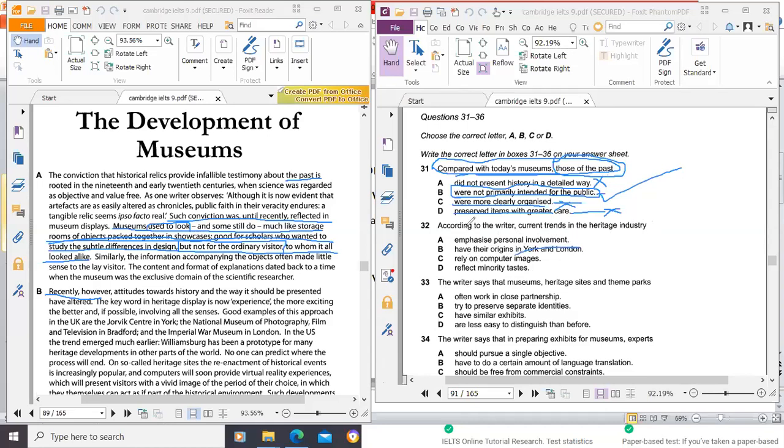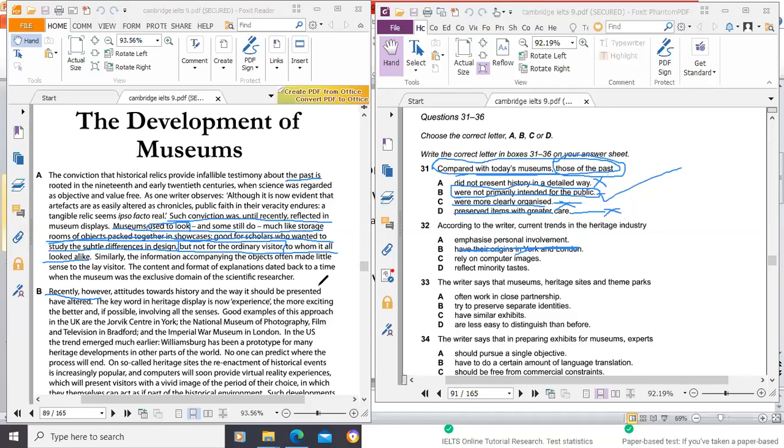And you are likely going to know what the answers would be even from merely looking at the IELTS question. They are true writings lifted from magazines and academic research, so it's not likely current trends in the heritage industry have their origins in York and London.